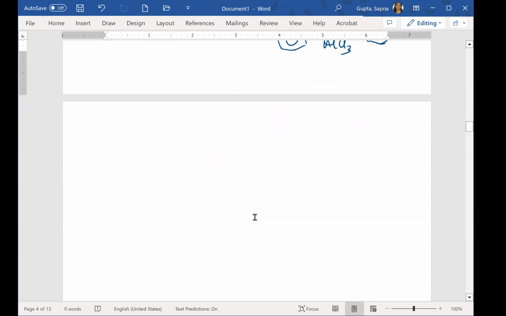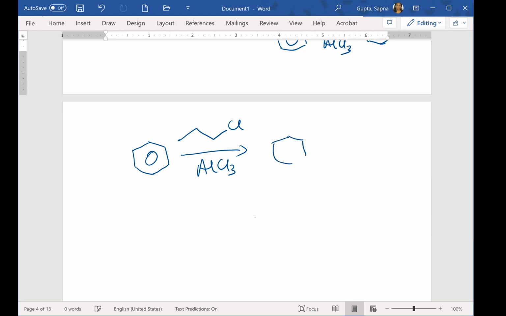Okay, so let's do another reaction on Friedel-Crafts. And this is where you have something like this, okay? So now in this case, you're thinking, okay, fine, this is possible, and I'll go ahead and do this. Remember, the carbon that has the chlorine is the carbon that will join with the benzene ring.